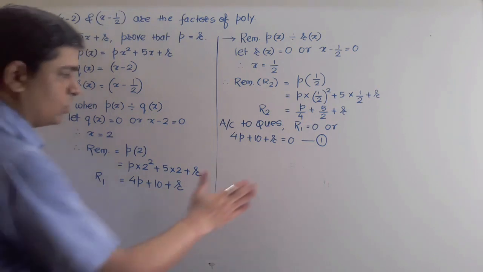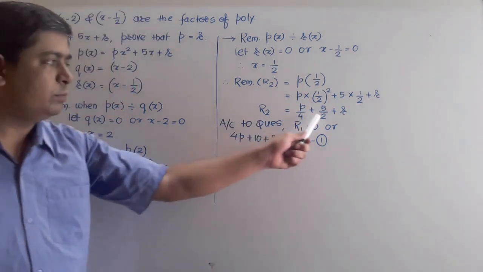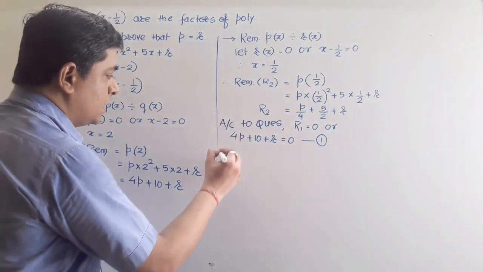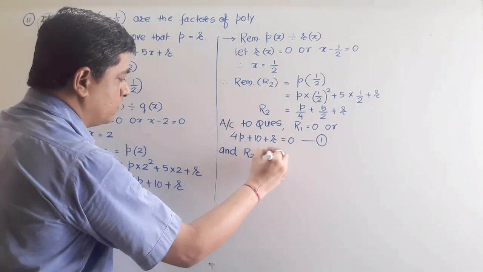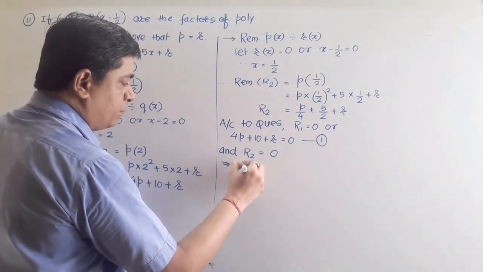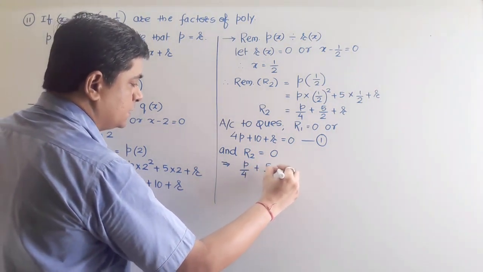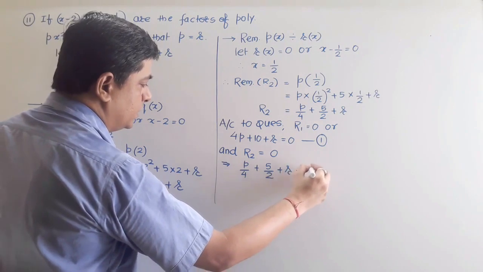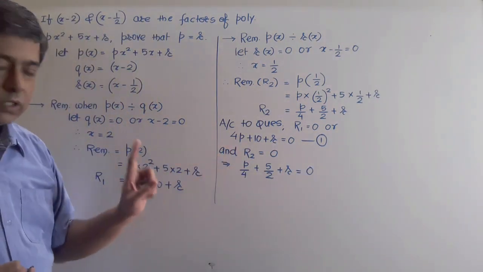Okay. Now further, similarly the value of r2 will also be 0. So we will keep here r2 is also equal to 0. What is the value of r2 I have? p upon 4 plus 5 upon 2 plus r will be equal to 0. Now to simplify this equation, we will do one thing.